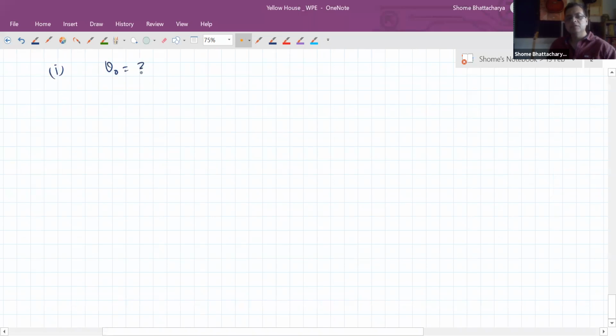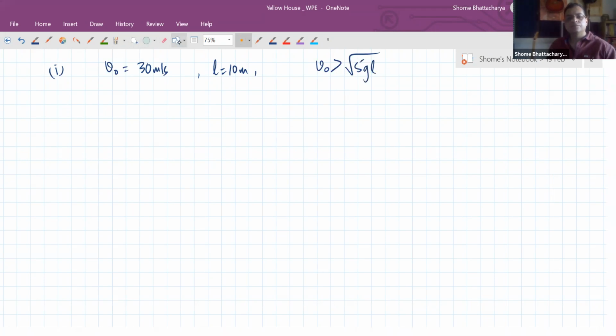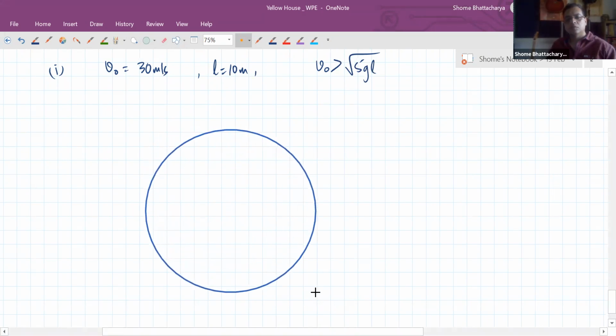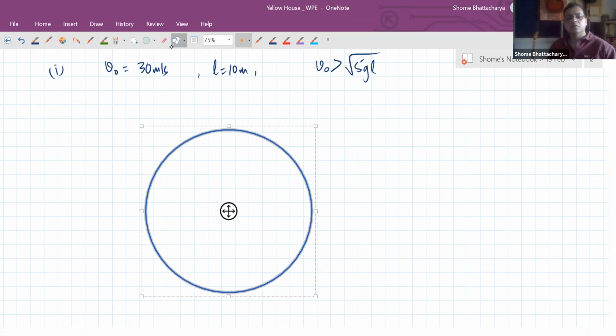When we are giving it an initial speed of 30 meters per second, for the length of this thread being 10 meters, we can see that our V0 is greater than root 5 GL. Okay. So this is how the path will look.